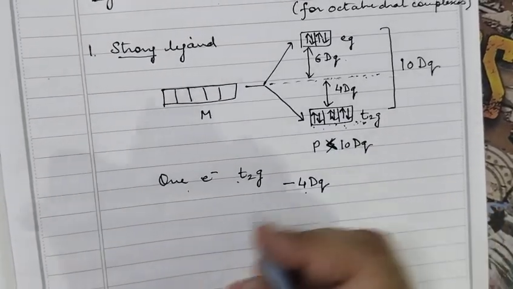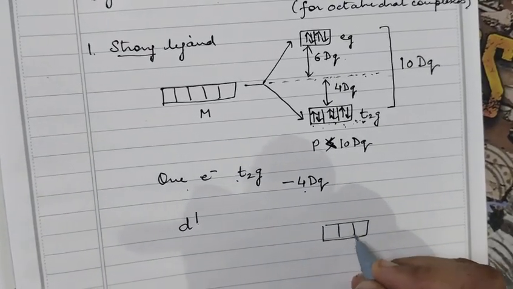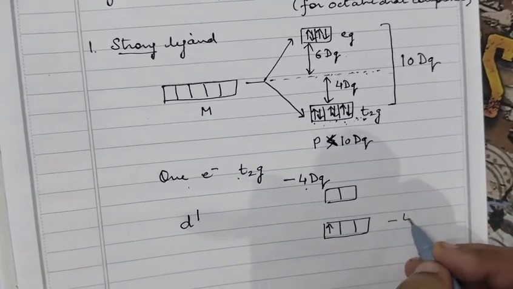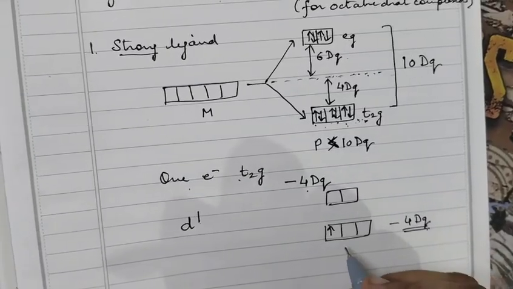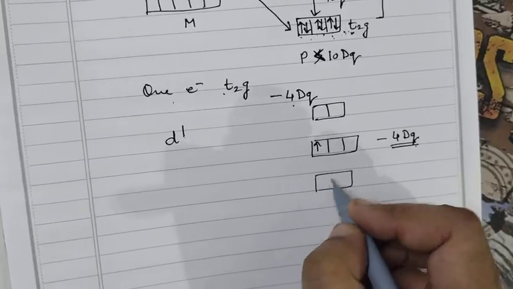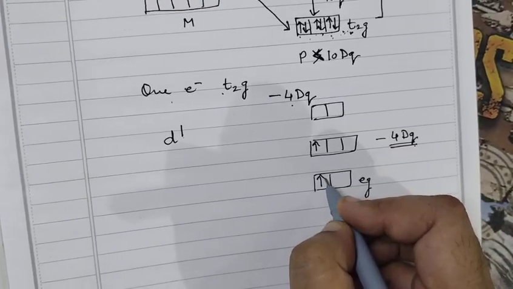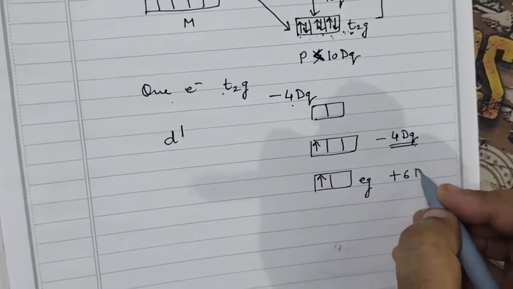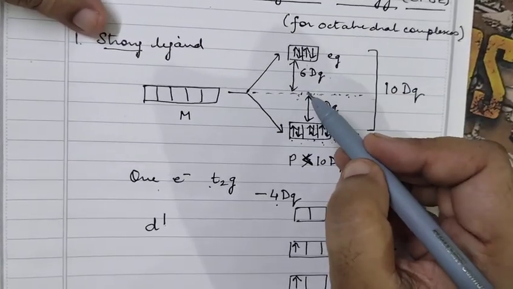That is, if there is system D1, one electron will be filled in T2G, so the crystal field stabilization energy will be minus 4 dq. And same way, for each electron which is filled in EG, the energy will be taken as plus 6 dq. Why? Because this is higher by 6 dq from the original energy level.